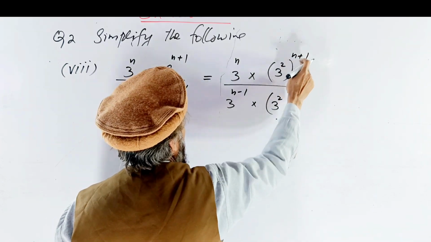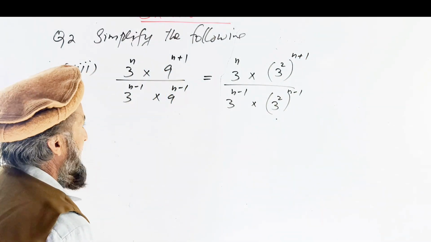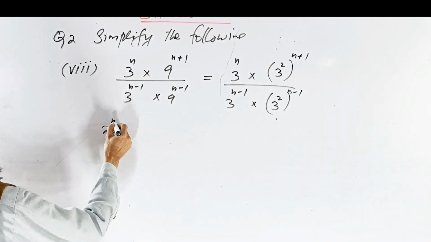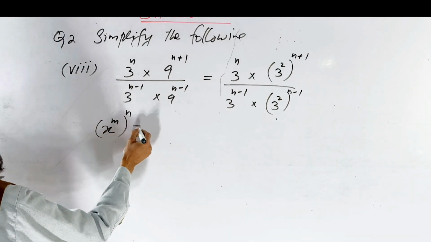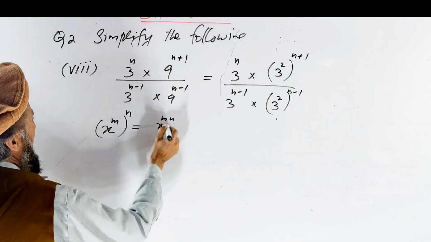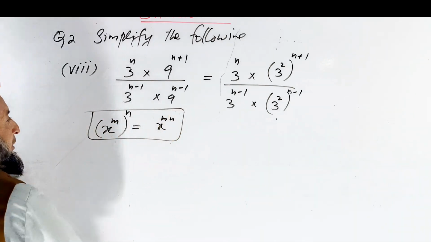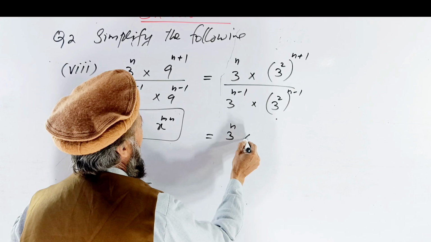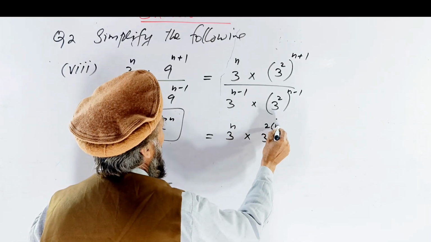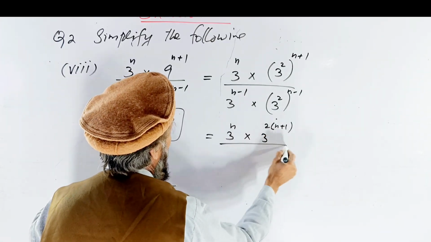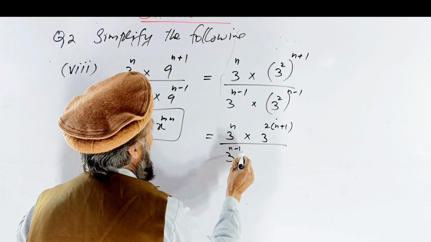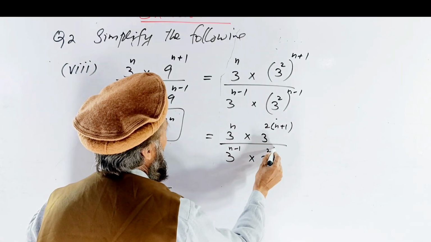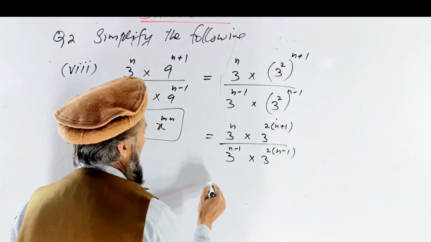According to the double exponent property we have already discussed, x power m n, we can write x power mn. According to this property we are using it here. So 3 power n multiplied by 3 power 2n plus 1, divided by 3 power n minus 1 multiplied by 3 power 2n minus 1.